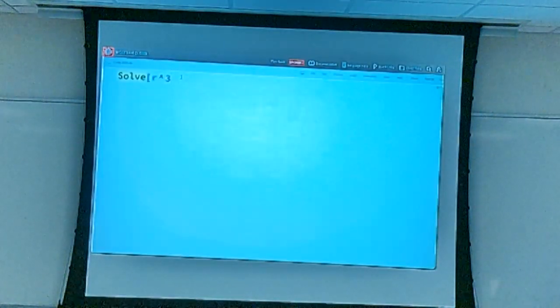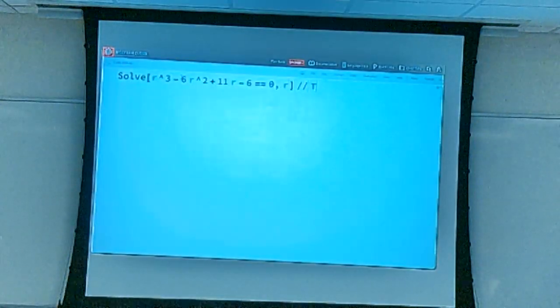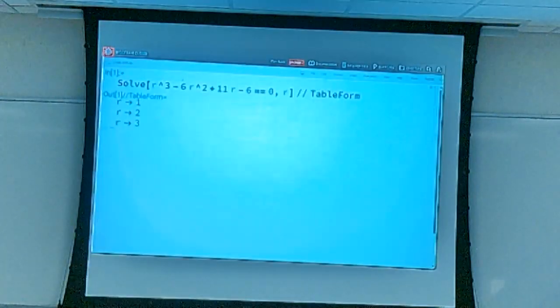R cubed minus 6R squared plus 11R minus 6 equals 0. Solve it for R. Table form. 1, 2, 3.